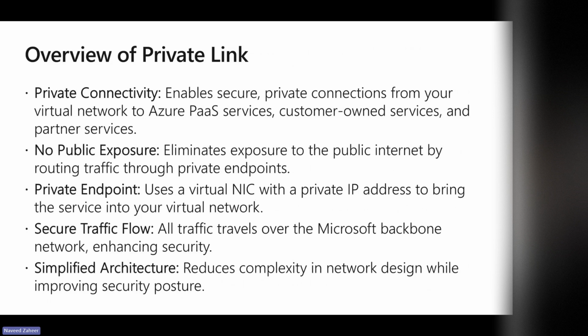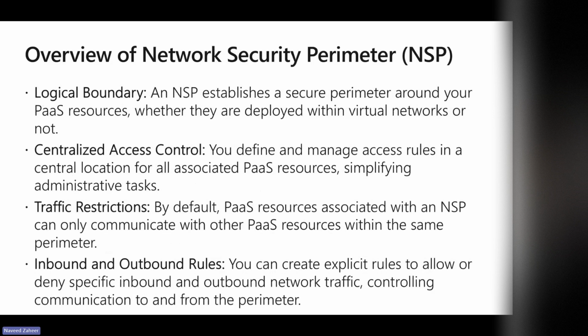Okay. Now let's go to network security perimeter. This is a relatively new service. It has gone GA for some of the resources like storage. Think of a scenario where you have some PaaS resources like a storage account, a key vault, and, for example, an AI Search that is using that storage account.